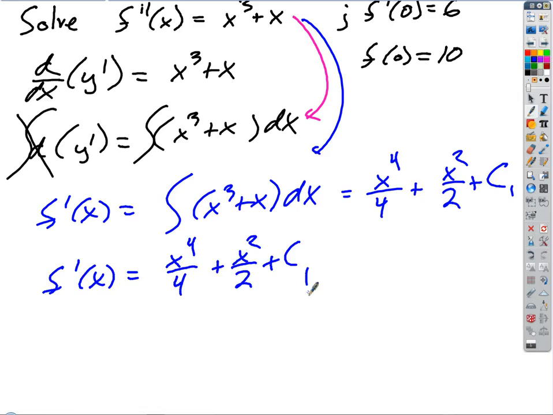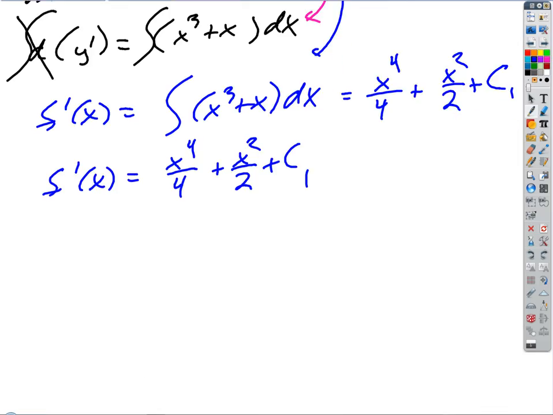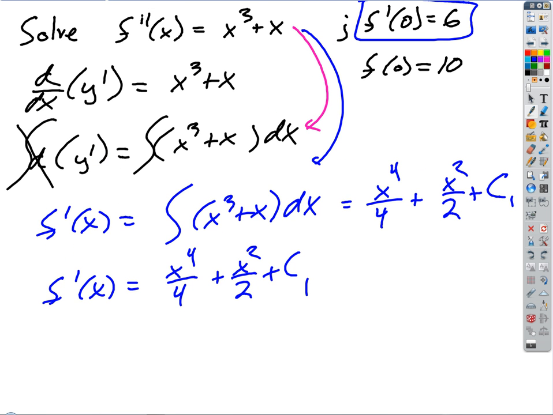But we know that when x is 0, f prime is 6, right? I said C1 is going to equal 6. Oh, right, exactly. There you go.